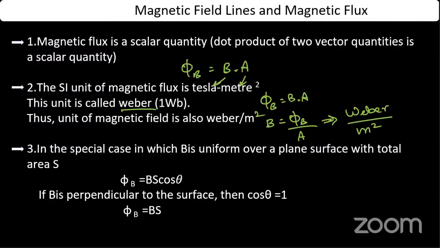So the angle between the magnetic field and the area vector will be 0. Theta will obviously be 0 in that case, so cos theta will be 1. So in that special case, the magnetic flux phi b is B into S, that is BS. This is the magnitude of your flux.